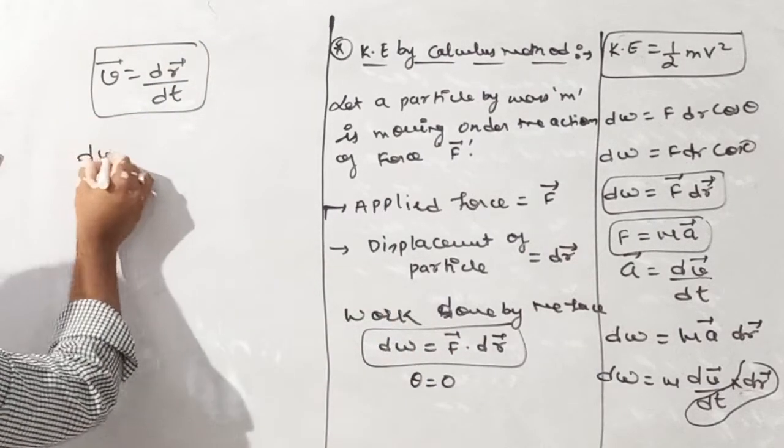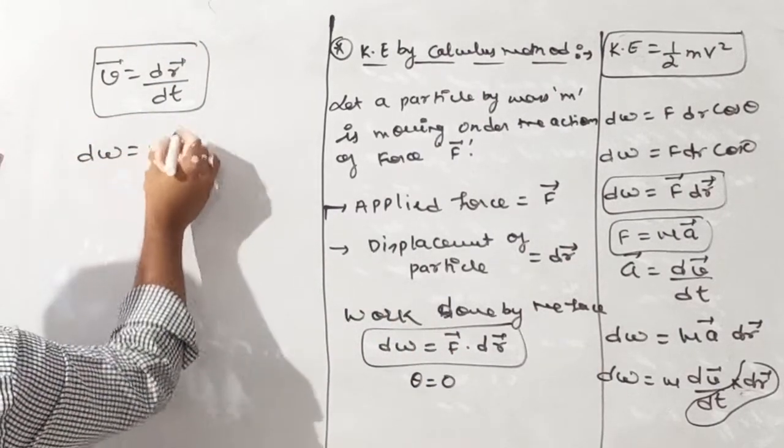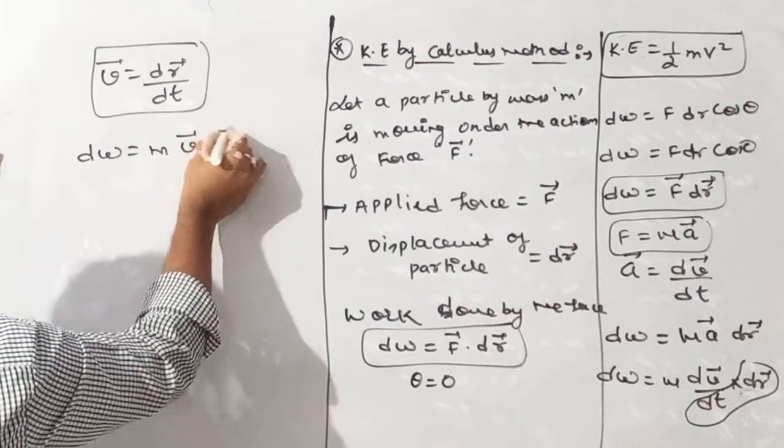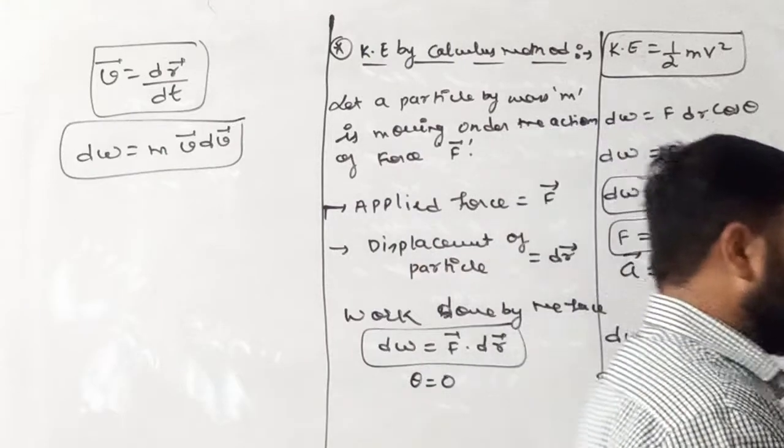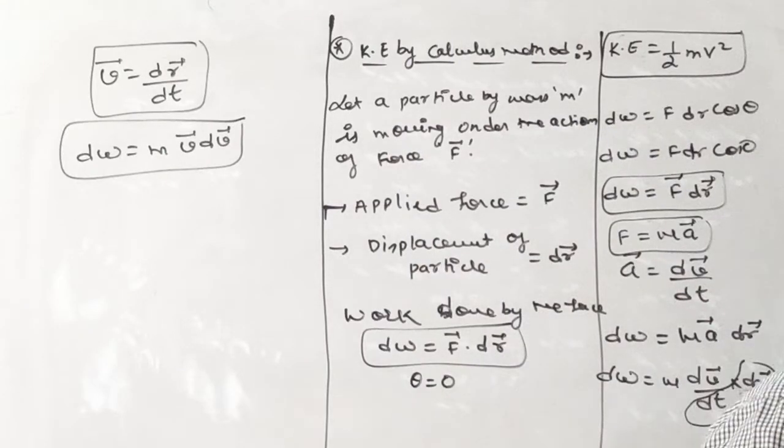So dW can be written as m v vector dv vector. This is the small work done under the action of force F.